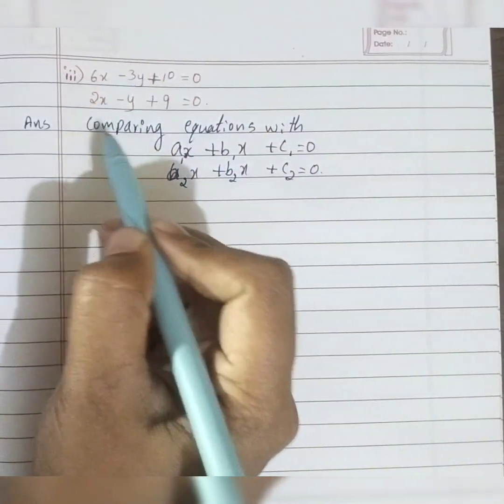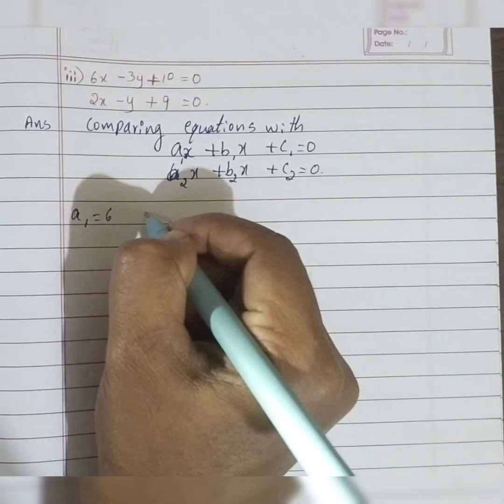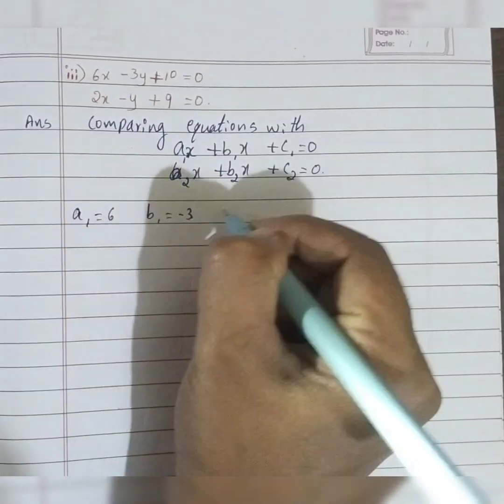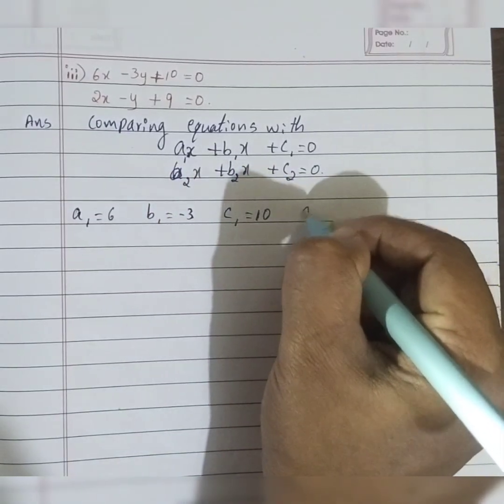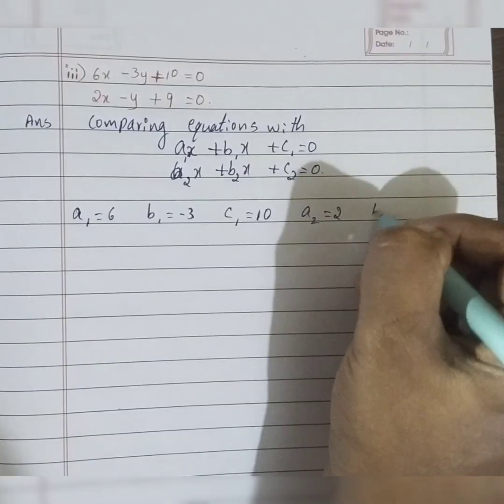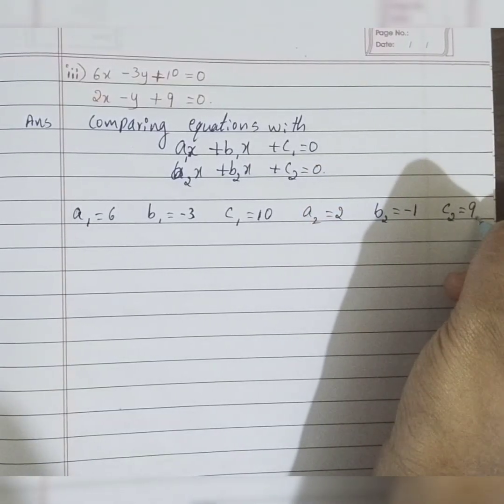From this question we have a1 is equal to 6, b1 is equal to minus 3, c1 is equal to 10 and a2 is equal to 2, b2 is equal to minus 1 and c2 is equal to 9.